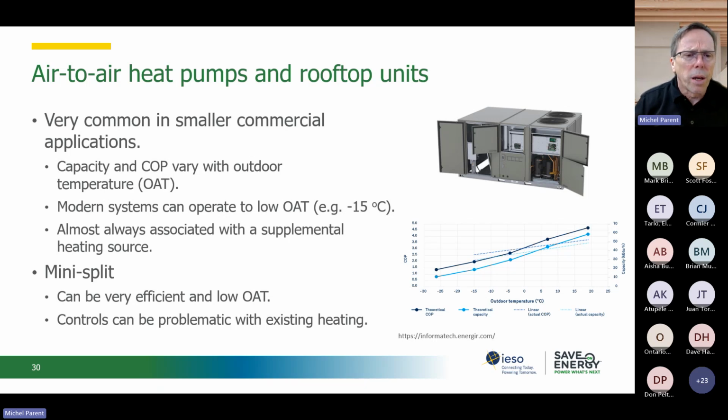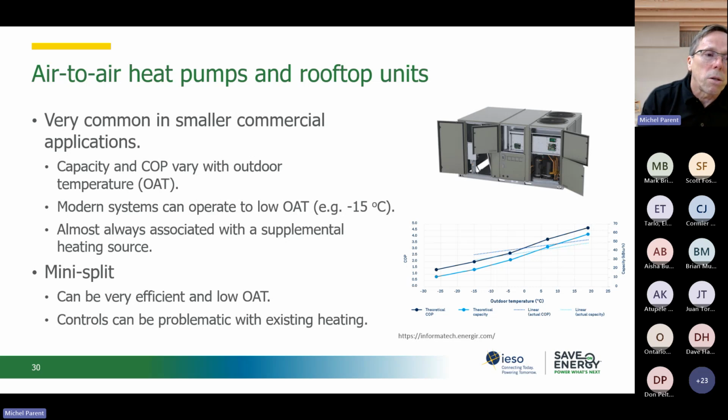A quick word on mini split. Obviously, for a smaller building or sometimes for just a section of a building, you can put in mini split. Mini split can be extremely efficient. It's probably the one type of unit in air source heat pumps that is the most efficient. If you buy a cold climate heat pump, it can work to -30 degrees Celsius or -25 depending on the model, and maintain good capacity and very good COPs.